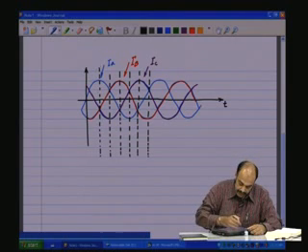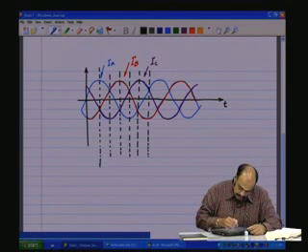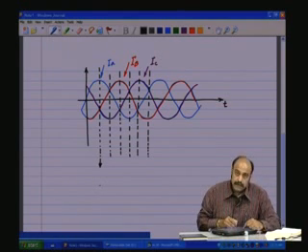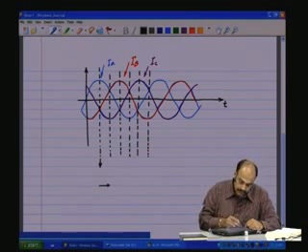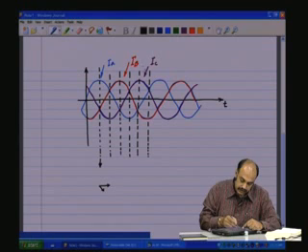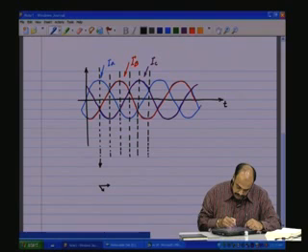Now if we take at this point of time, we have A phase current at maximum positive direction, B phase is half negative, and C phase is also negative and half, C phase negative is this direction and half.